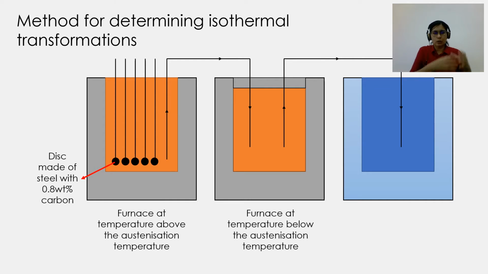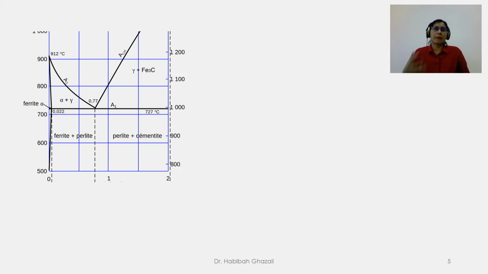So they take that first disc after 6 seconds out of the furnace and quench it to room temperature. Under the microscope, they can determine what transformation has happened after 6 seconds of being held at the temperature they chose in the second furnace. This microstructure observation is done using an optical microscope.